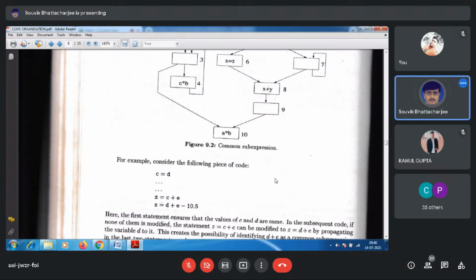Have you forwarded these things? Yes, sir. You just try to explain the figure. Try to explain the figure. If you have understand, okay, just try to explain the figure as per the constant propagation terminology.